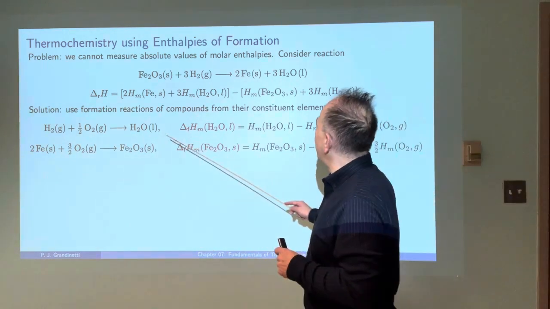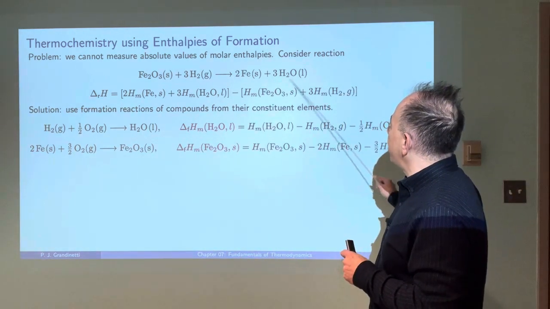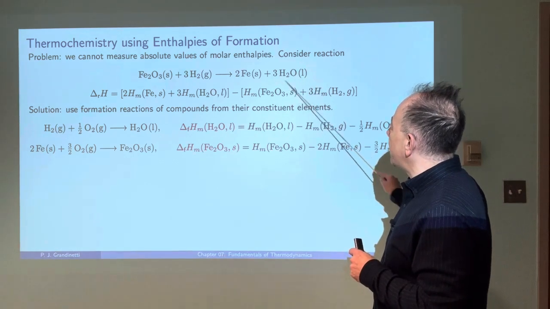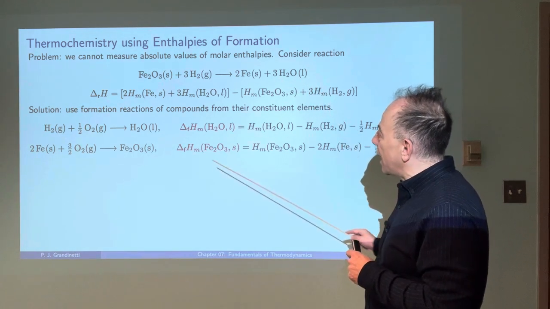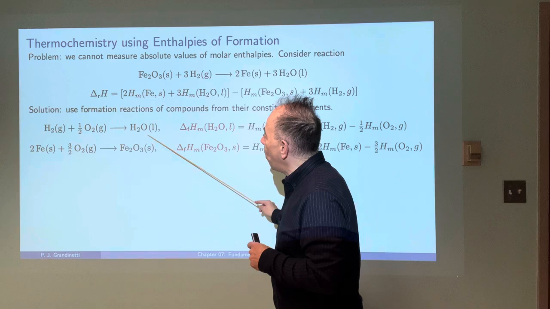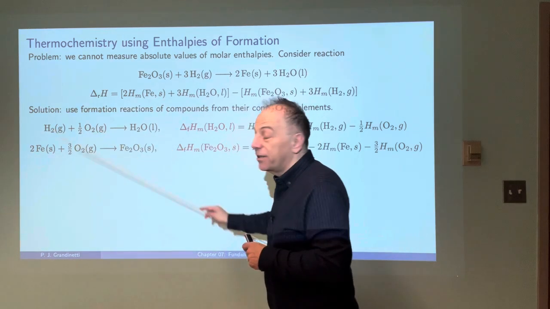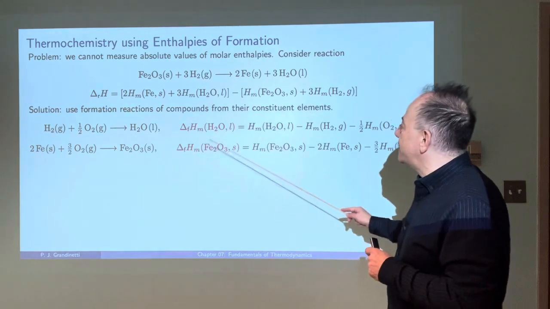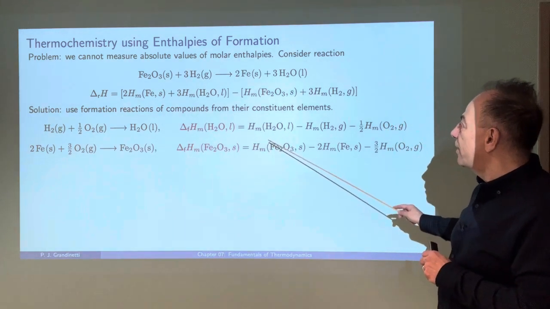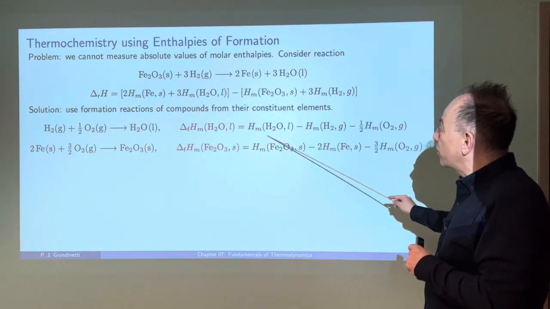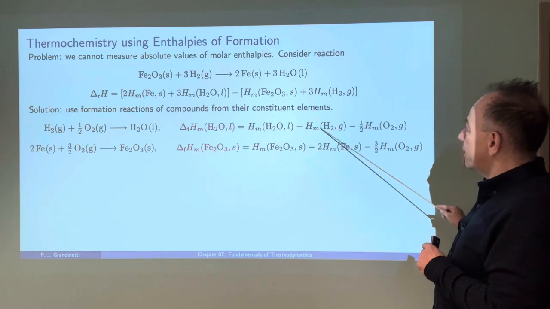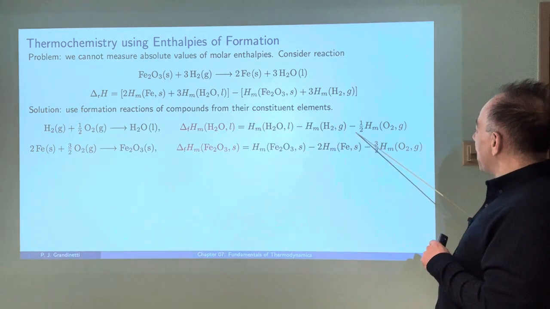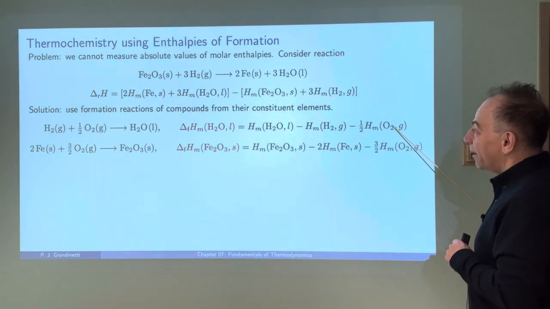So let's take, for example, water. Here's a compound, it's not an element, it's a compound that's in our reaction. And we know that we can form water from the elements hydrogen and oxygen. So this reaction here has a delta H, and I can write it out here. It's the molar enthalpy of water minus the molar enthalpy of hydrogen minus 1/2 times the molar enthalpy of oxygen.